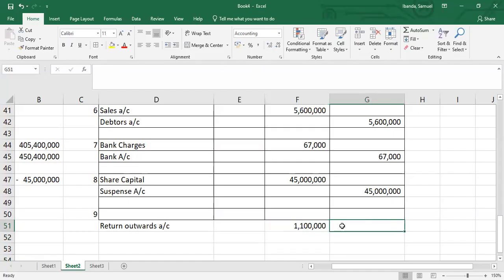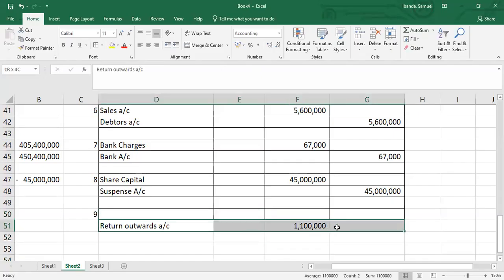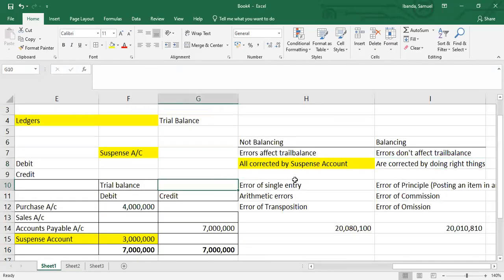Now the next question you ask yourself is, so what is the alternative account after I've done this? Definitely it is suspense. Why suspense? Then I'll take you back to what we said. Errors of single entry affect the trial balance and therefore are corrected by suspense.